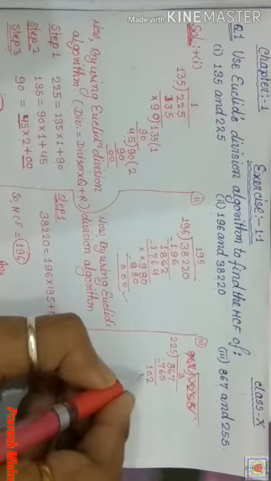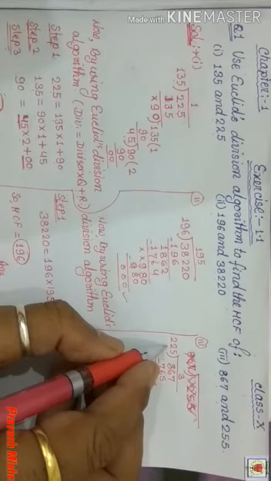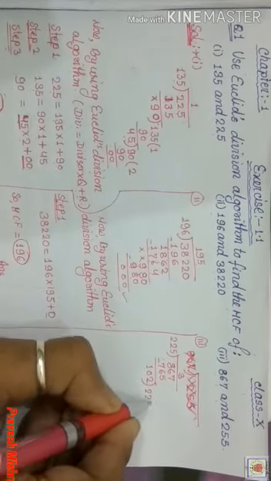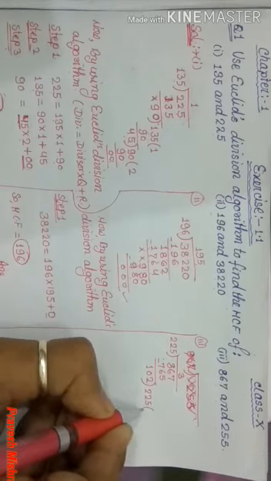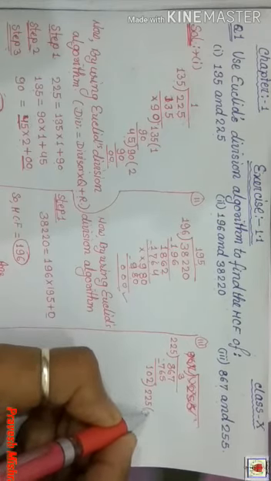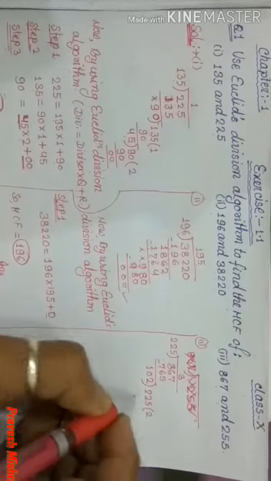Now take 102 as the new divisor and the new dividend will be 225. So this time for division your quotient will be 2.